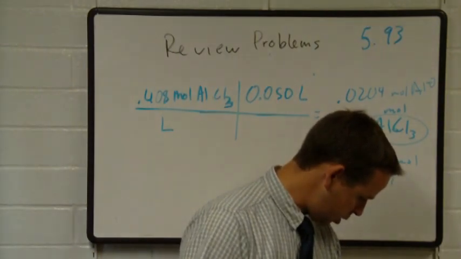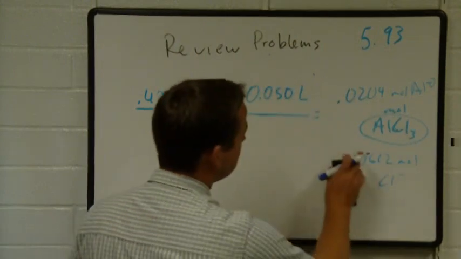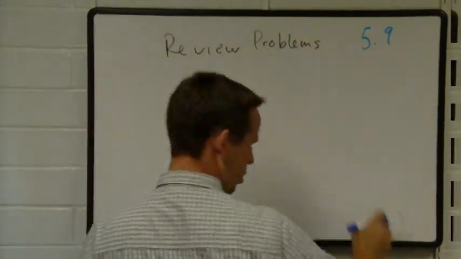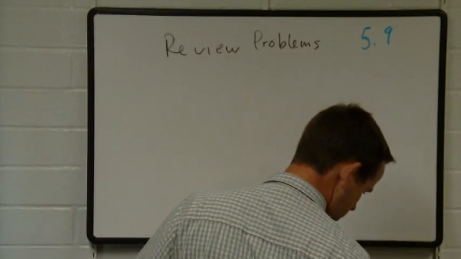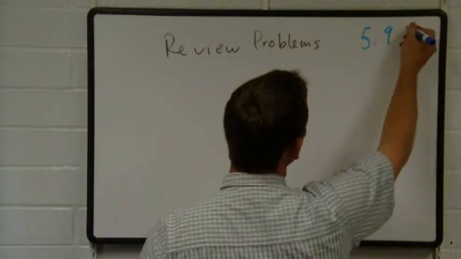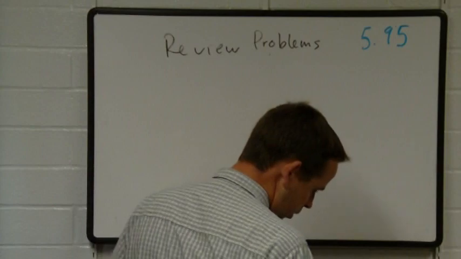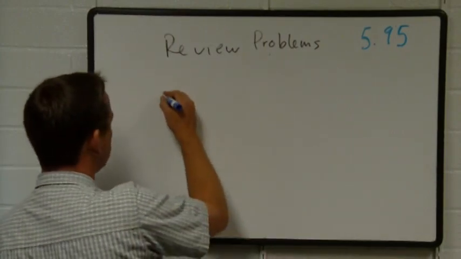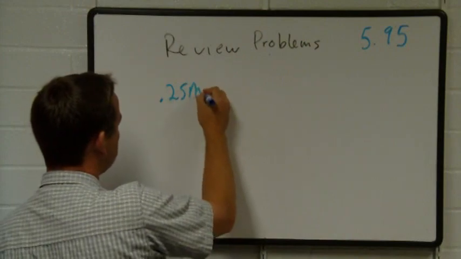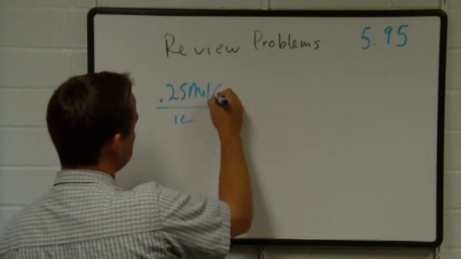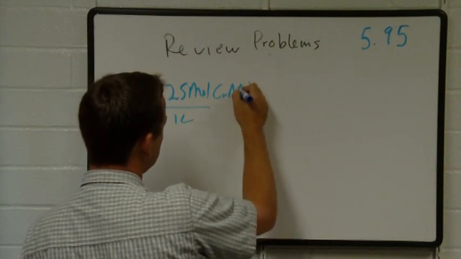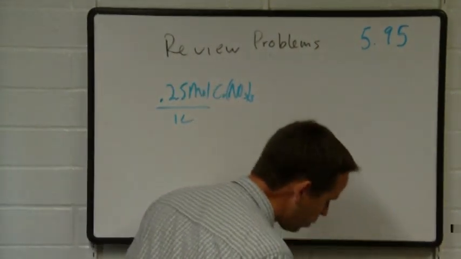Calculate the concentration of each of the ions now. Okay? So 595. Calculate the concentration of each of the ions. Well, if we have 0.25 molar chromium nitrate, 0.25 moles for every 1 liter, Cr(NO3)2.